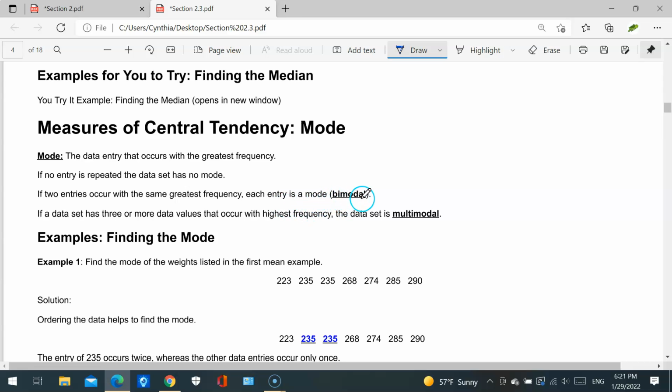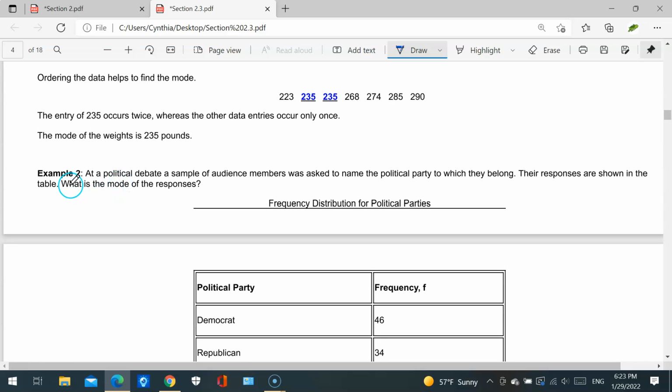Then we have bimodal. If a data set has 3 or more data values that occur with the highest frequency, then the data set is multimodal. Alright, so we look at example 2 here.